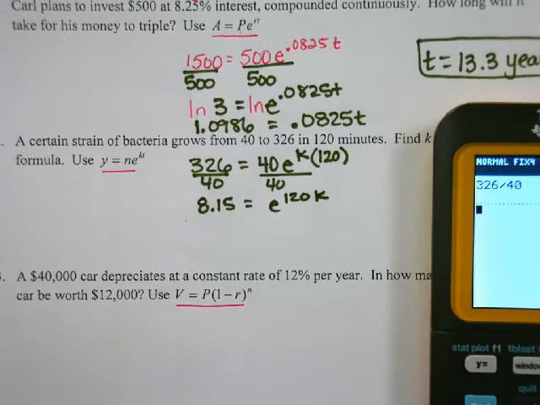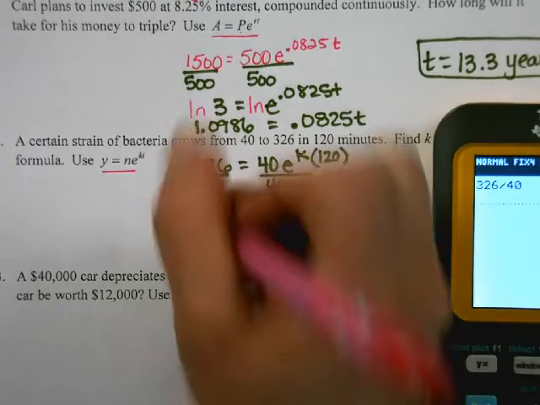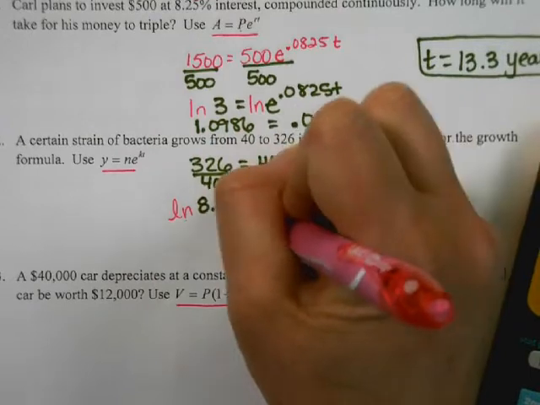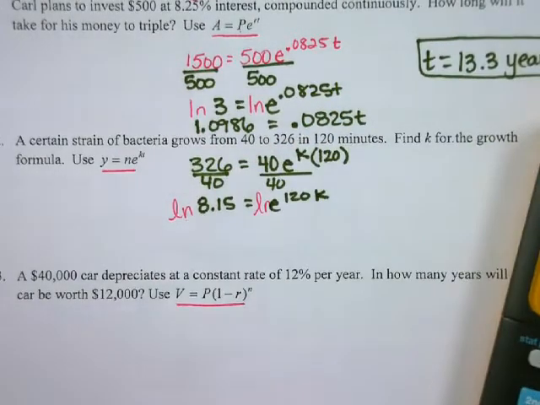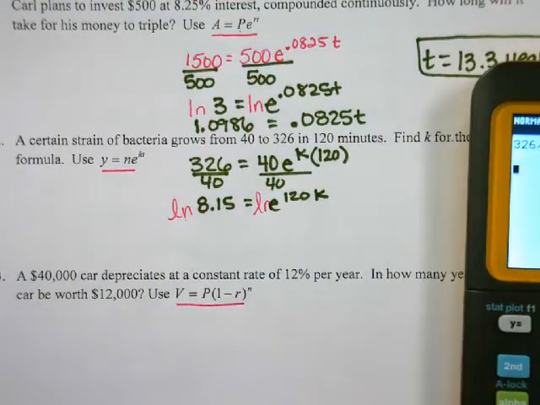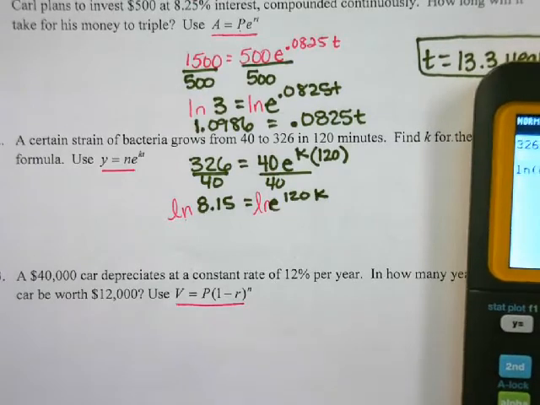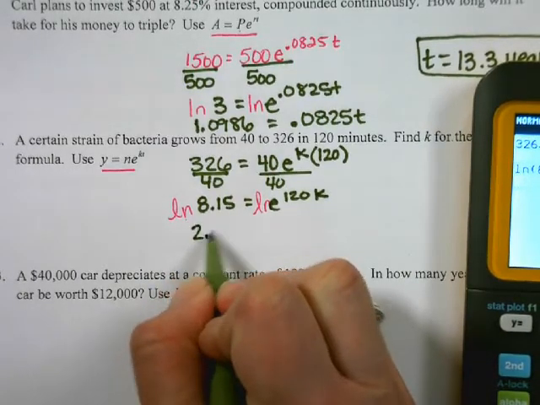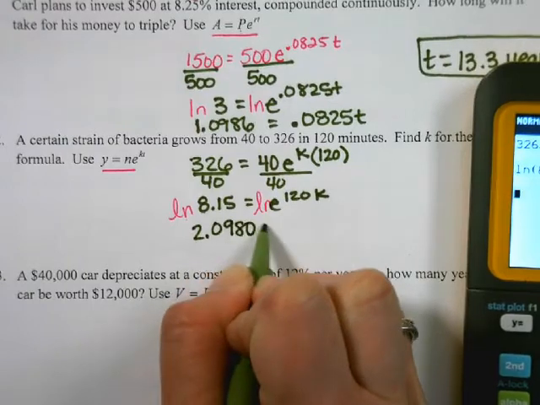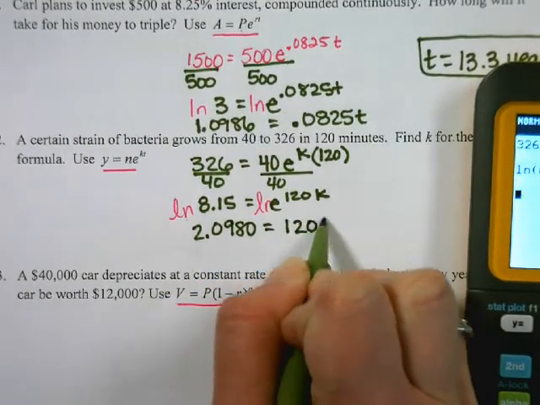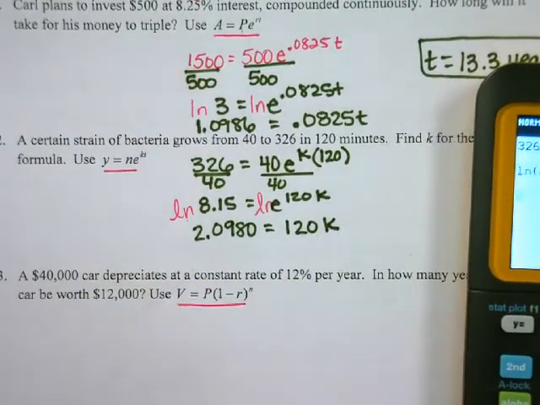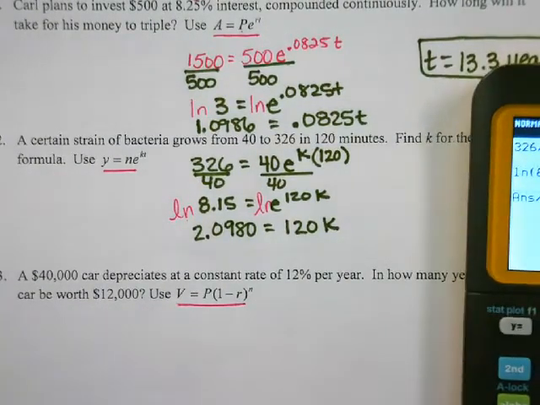How do I undo an E? Natural log. So I get 2.0980 equals 120K. Divide by 120.